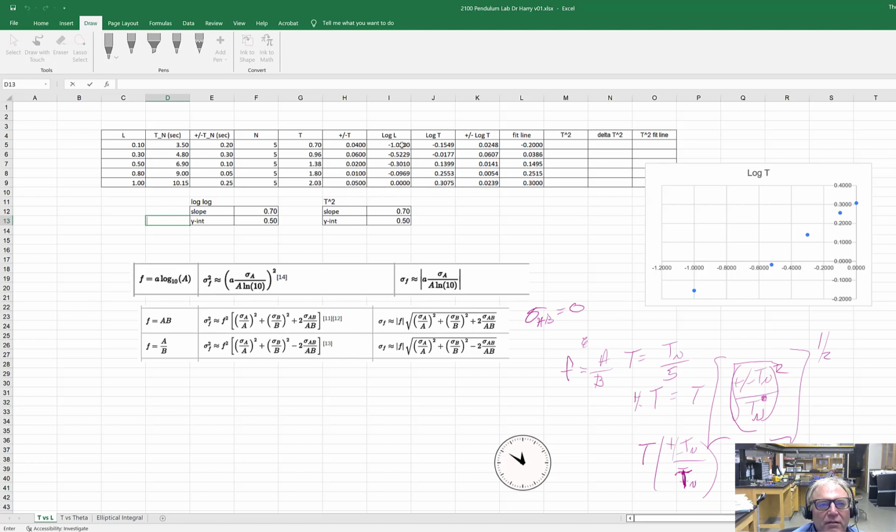So now we take the logarithm base 10 of L, and then the logarithm base 10 of the period. And then we need the plus minus logarithm. And you'll see our other equation here, and little a is equal to 1.